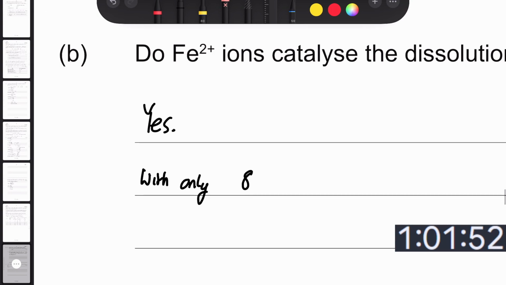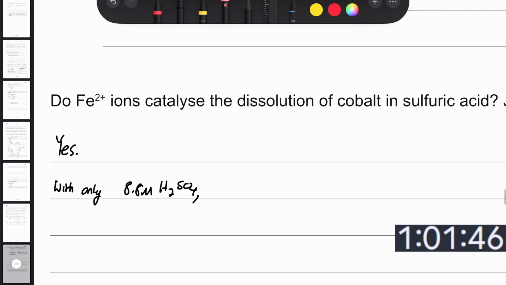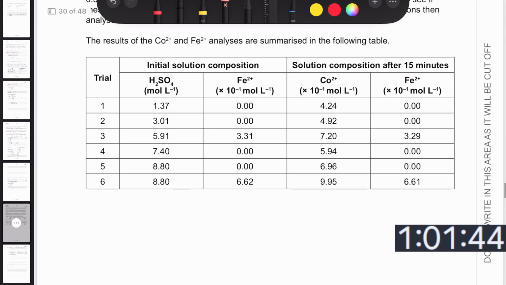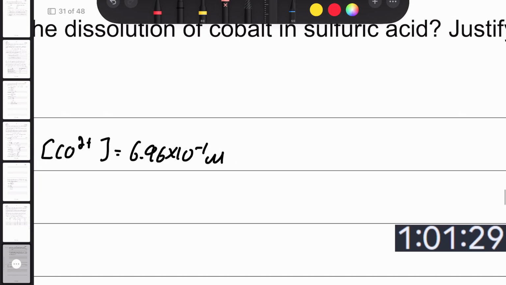With only 8.8 molar H2SO4, the Co2+ concentration is 6.96 times 10 to the negative 1 molar after 15 minutes.